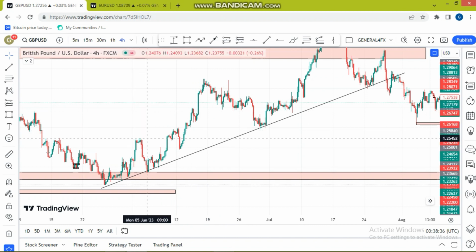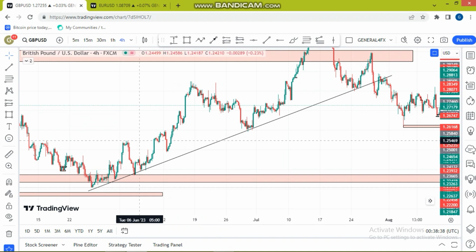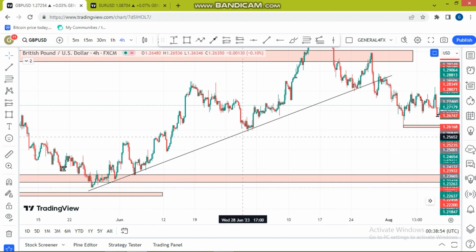Now, before a trend line can be reckoned as a trend line, price has to bounce off that trend line like three times. Like this is the first bounce, second bounce, and this is the third bounce. The third bounce here makes it a trend line, and you want your entry to be from this trend line at this third one, and with the volume candle right here.